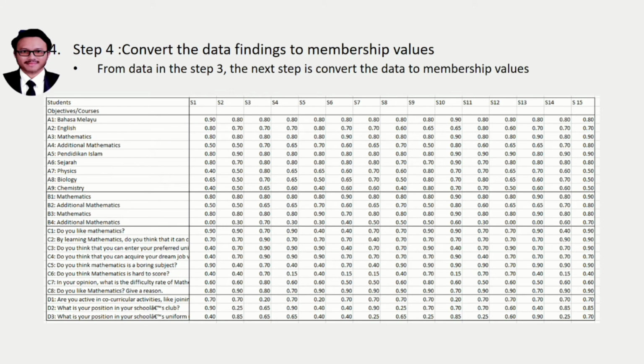Step 4, convert the data findings to membership values. From the data in step 3, the next step is to convert the data to membership values. This is the table for data that has been converted to its membership values.